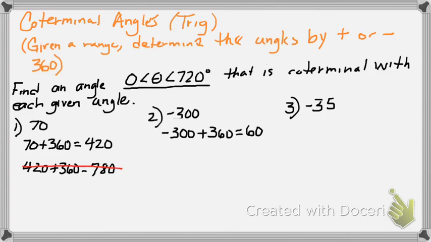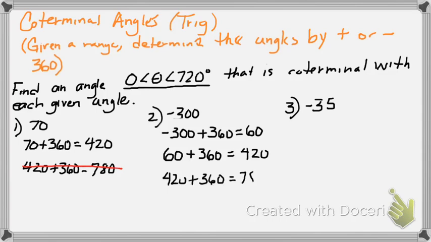So I'm going to check to see if I have some other coterminal angles. This time I'm going to take that 60, and I'm going to add another 360 degrees. This time I get 420. 420 is between 0 and 720, so I'm good with that one. So now I'm going to check again. 420 plus 360, again, is 780.